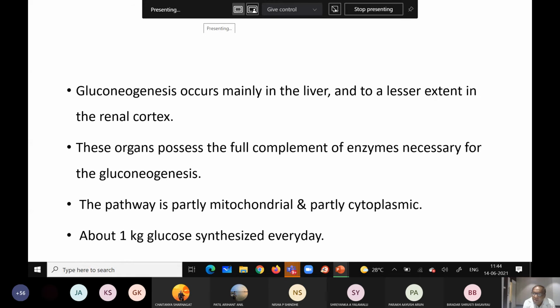Gluconeogenesis occurs mainly in the liver and also in the kidney or renal cortex, and these organs possess the enzymes required for gluconeogenesis. This process takes place partly in the mitochondria and partly in the cytoplasm, and about 1 kg of glucose is synthesized every day.